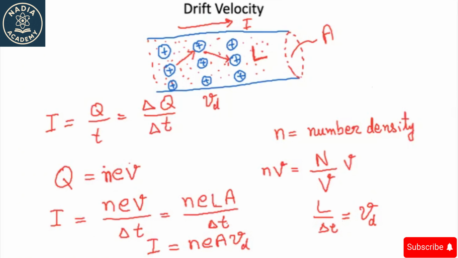In simple words, the drift velocity is equal to the current flowing through the conductor divided by the number density times the charge of one charge carrier times the cross-sectional area of the conductor. So this is the formula to calculate the drift velocity.